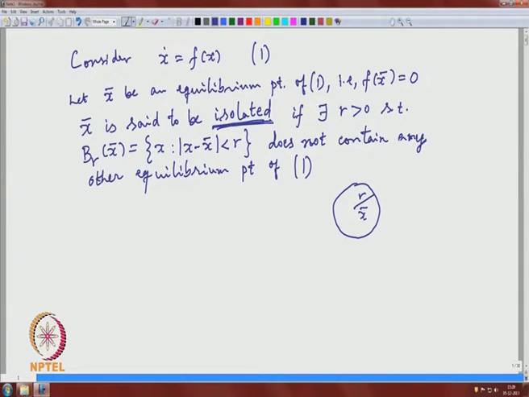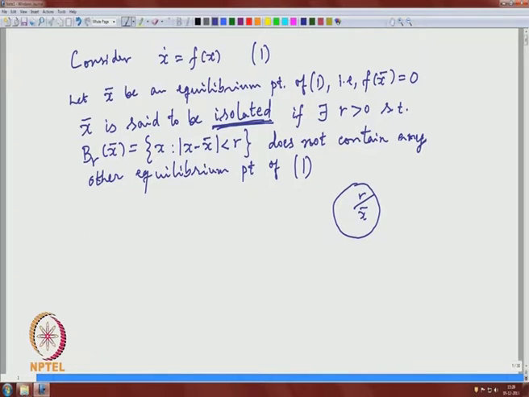Once we take x bar to be an isolated point, you reframe the definition of stability and asymptotic stability for an isolated point. I will not repeat this.